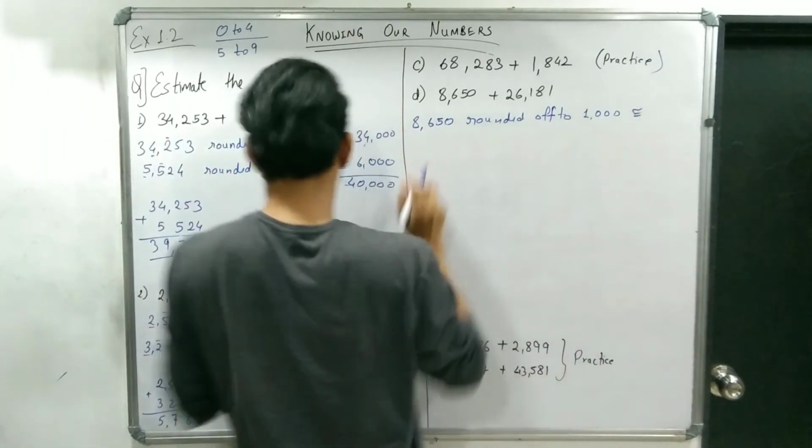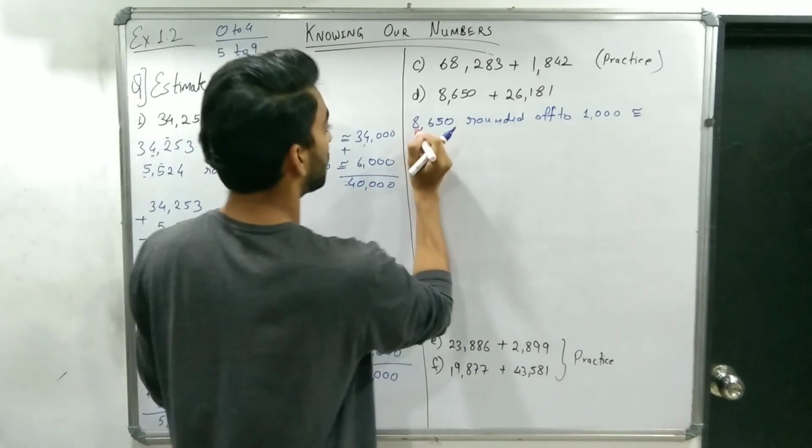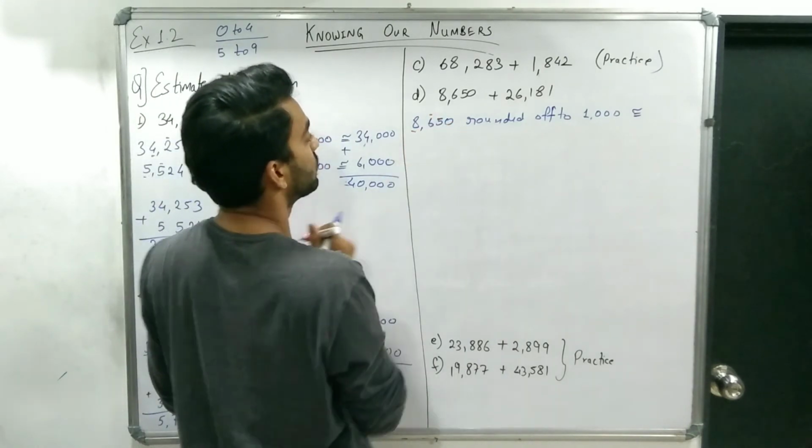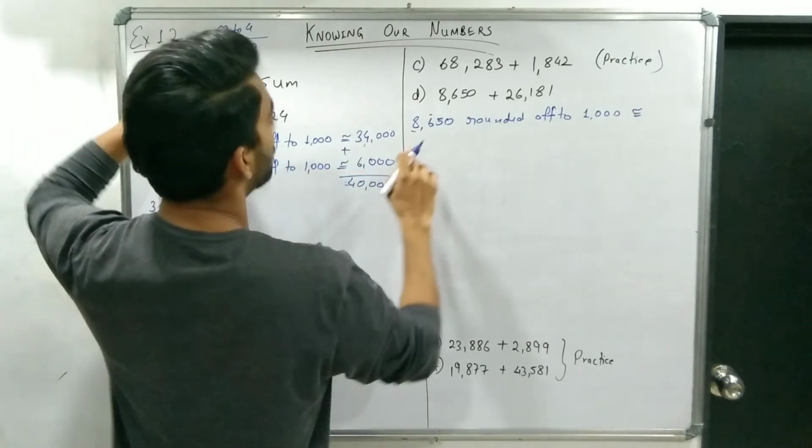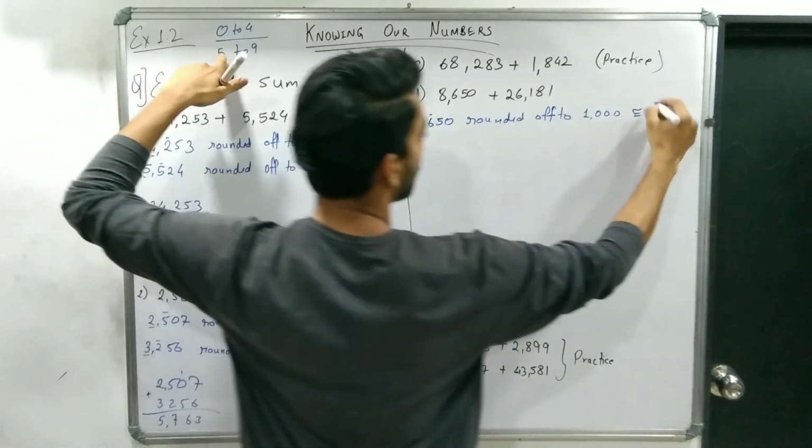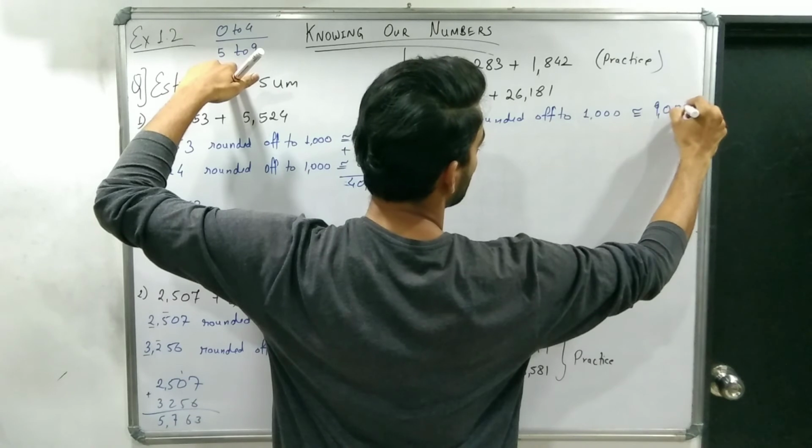So it will become, now this is 1000, and this digit we have to see, which is in the second group, so 1 has to be added at the 1000's place. 8 plus 1, 9000.